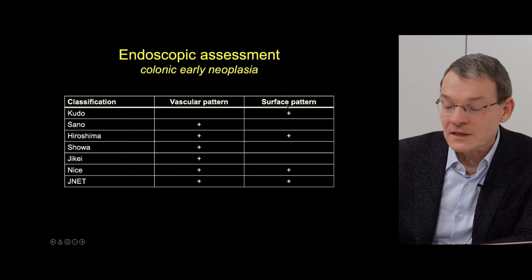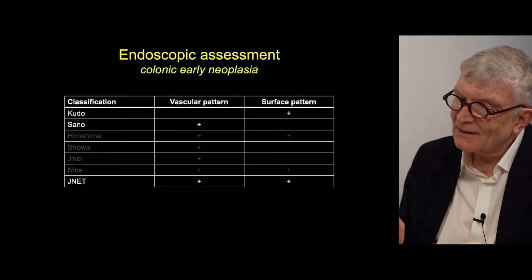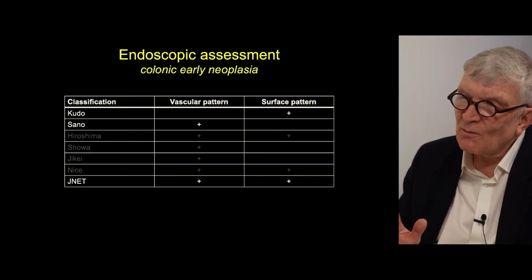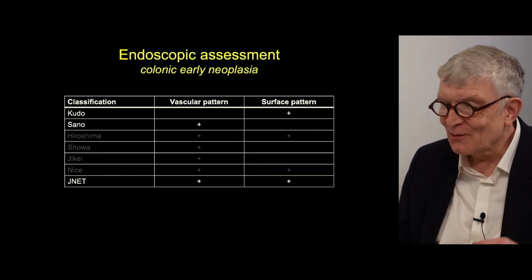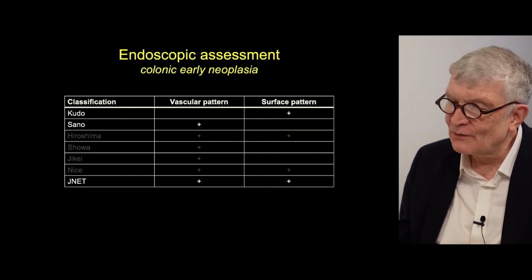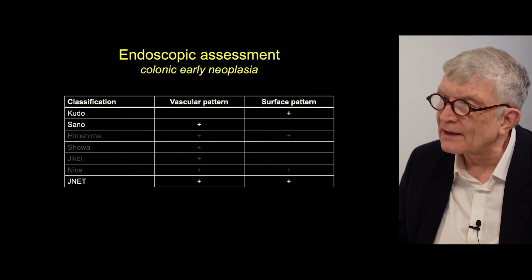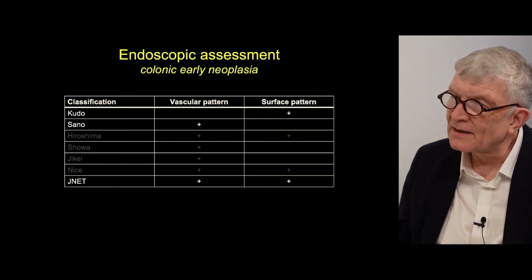Exactly. Yeah. So, but if there are so many classifications, there's usually something wrong. So we have to decide for very few. Everybody talks about JNET now, right? Is that the classification you're using?